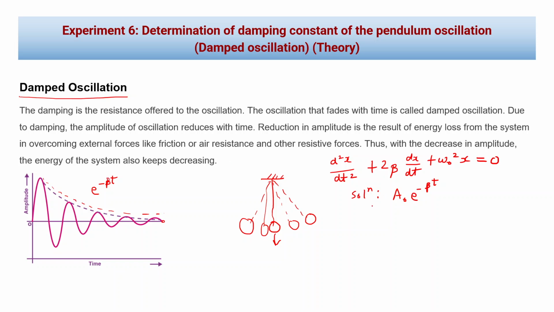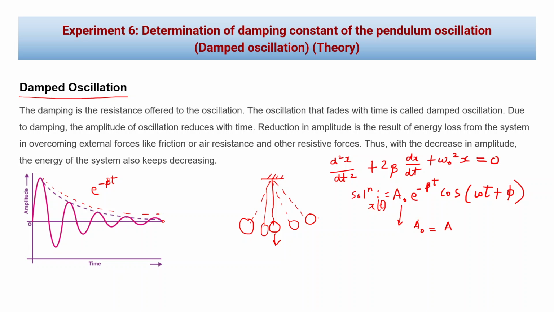So the solution is x(t) equals A naught e to the power minus beta t, and again cos(omega t plus or minus phi), where this omega is the angular frequency, different from the natural frequency. Now it's damping, so the frequency is different, and beta is some damping coefficient or damping constant. Here the amplitude can be given by this maximum amplitude.